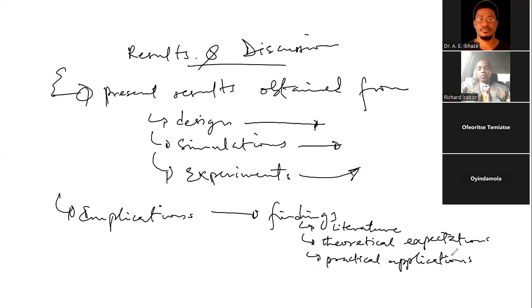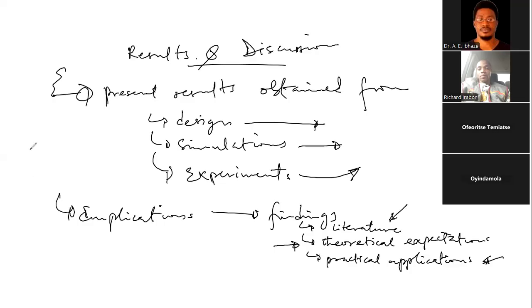Because you will have to validate against these three groups. Okay? What we get from research, what we get from standards, and then what we get from the industry. Okay?